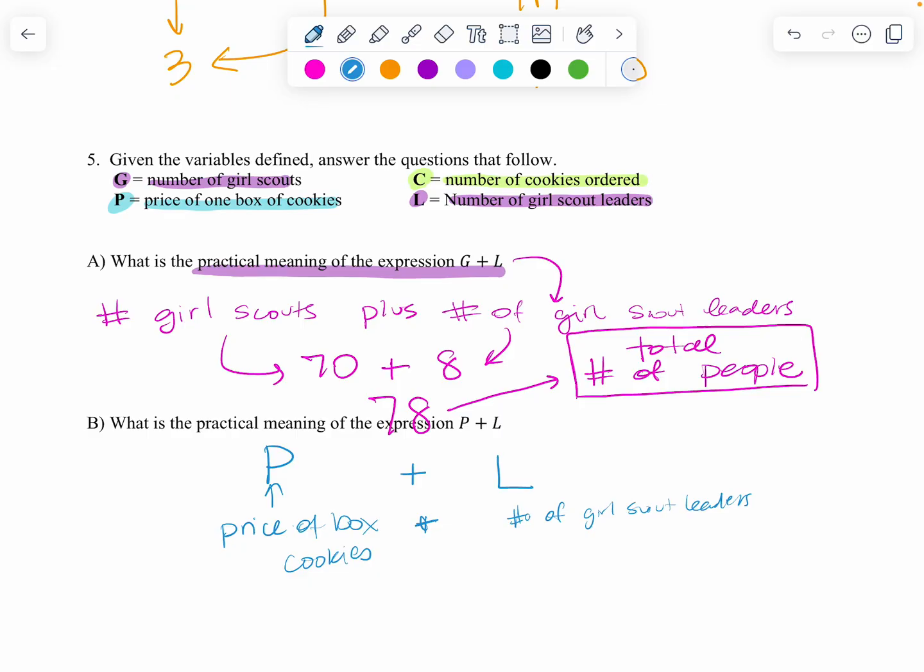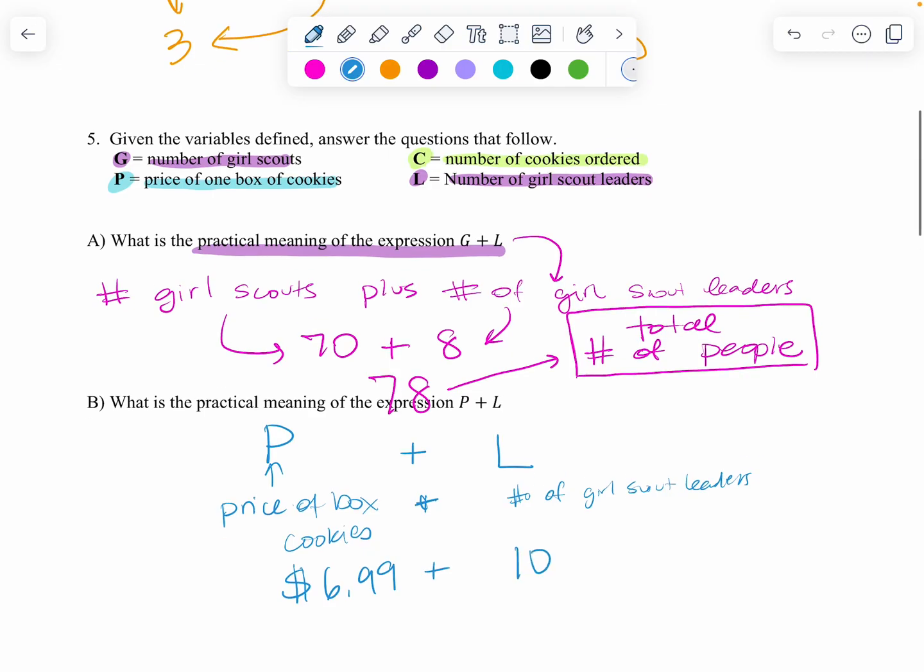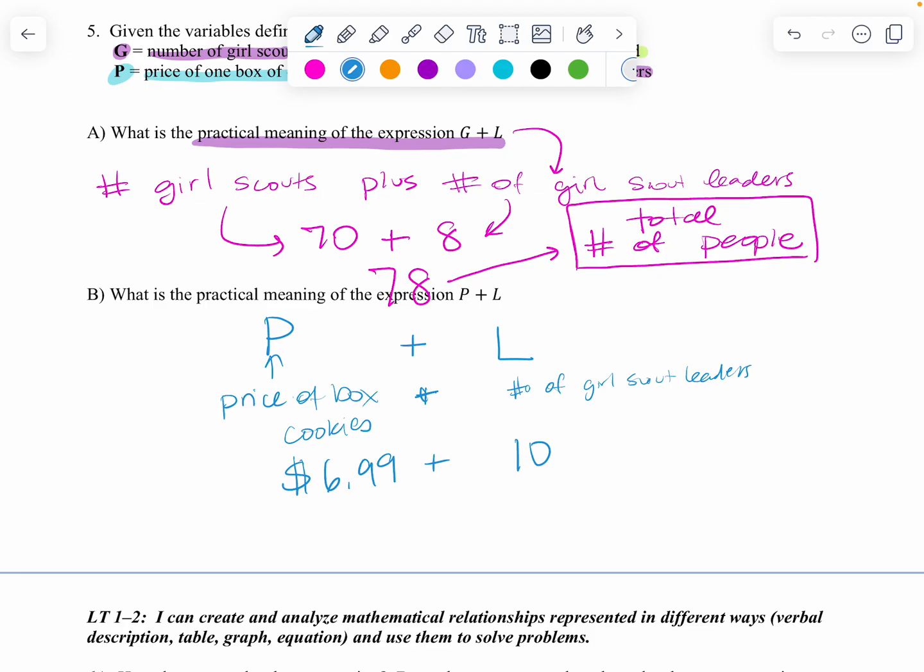So if I take the price of a box of cookies, I don't know, $6.99, I have no idea. And you add it to the number of Girl Scout leaders. Let's just say there's 10 Girl Scout leaders, because it could be any number you want. 10 Girl Scout leaders plus $6.99. I have absolutely no idea what that means. $16.99, if we added those numbers together, that's not the price of anything.